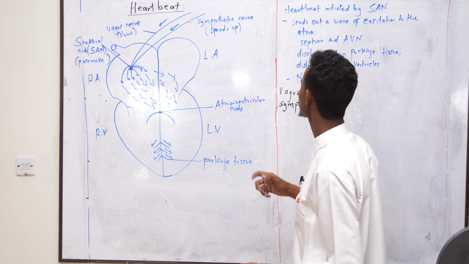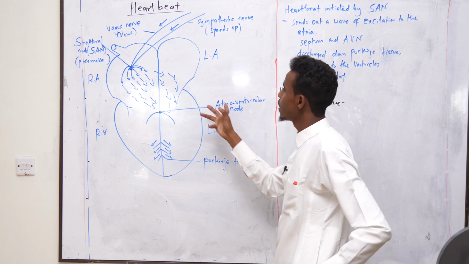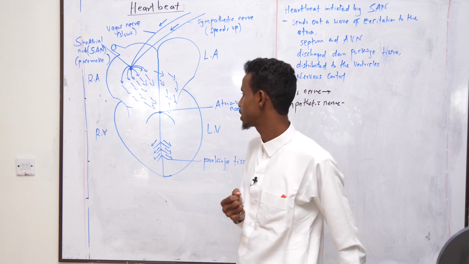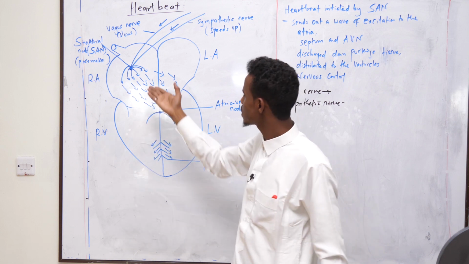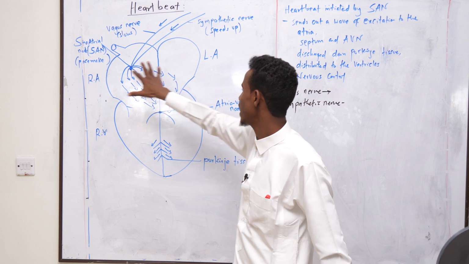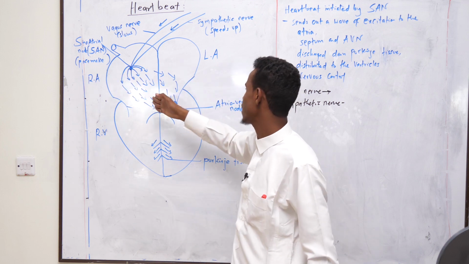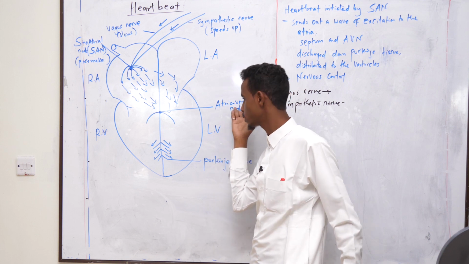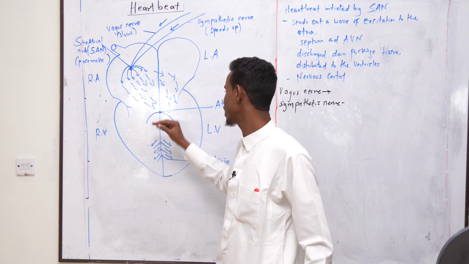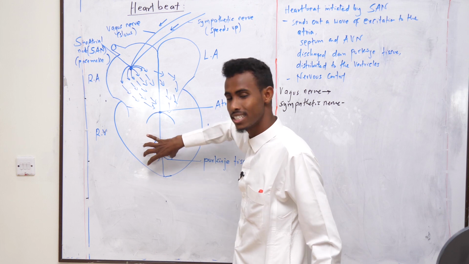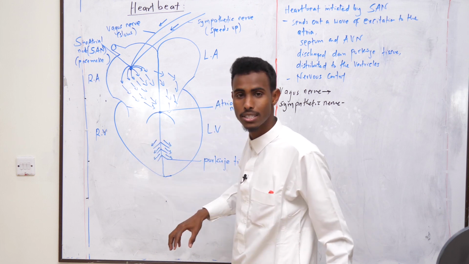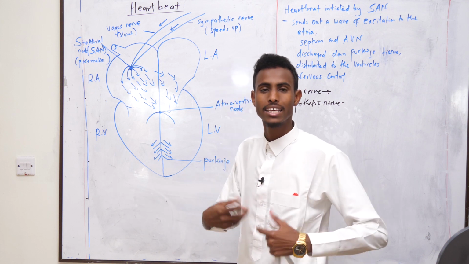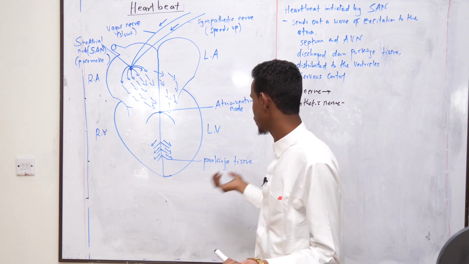What we are trying to say is that the sinoatrial node is the one that initiates the heartbeat. How? It sends waves of excitation to the atria. These waves travel towards the septum and towards the atrioventricular node. From the atrioventricular node, they are discharged towards the Purkinje fibers, towards the bottom of the heart, that is the ventricles, and they cause the ventricles to contract.